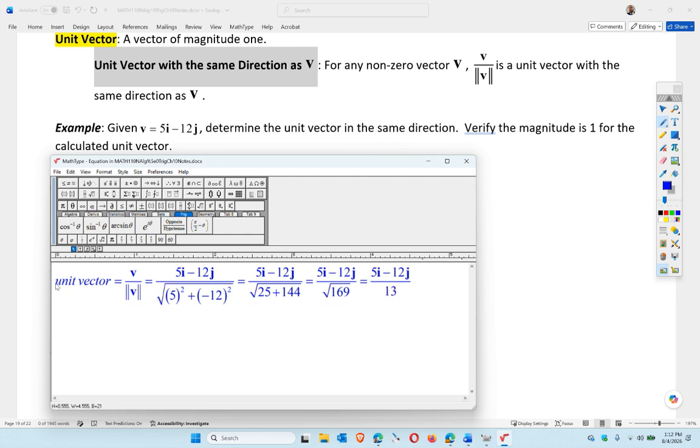Okay, so the unit vector essentially equals, we're going to take this, copy, minus, paste.